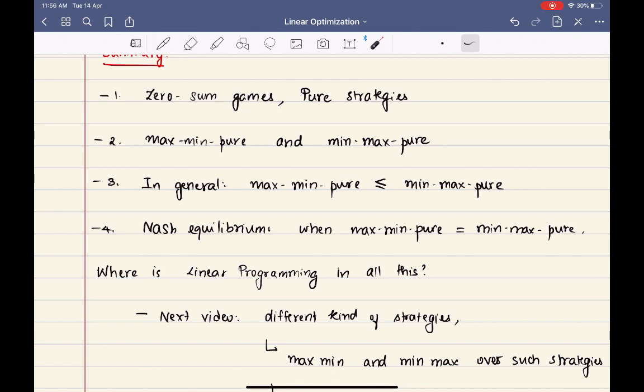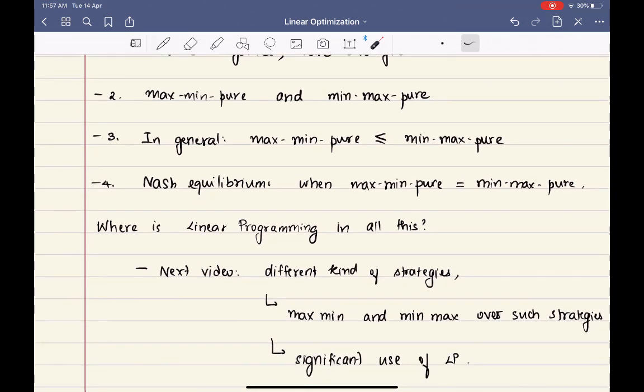When we allow these kinds of strategies, we want to look at max min and min max and see what happens to these relations. And there we will make a very significant use of linear programming. So the goal of today was to introduce you to the game and these values max min, min max over pure strategies, and the notion of Nash equilibrium over such pure strategies.